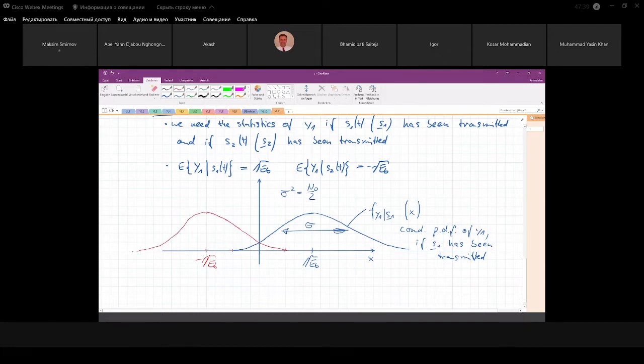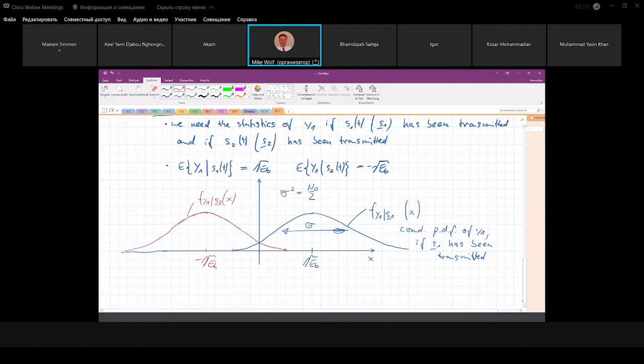It should be a Gaussian distribution, like this. It doesn't look nice, but this would be basically the conditional density function if S2 has been transmitted.